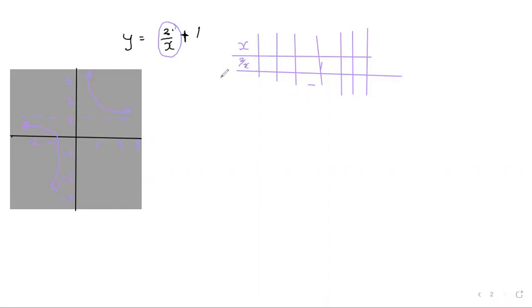And this one will be 2 over X plus 1. If X is a -2, this will be -1. If X is a -1 here, we'll have -2. If X is a 1 here, we'll have 2.